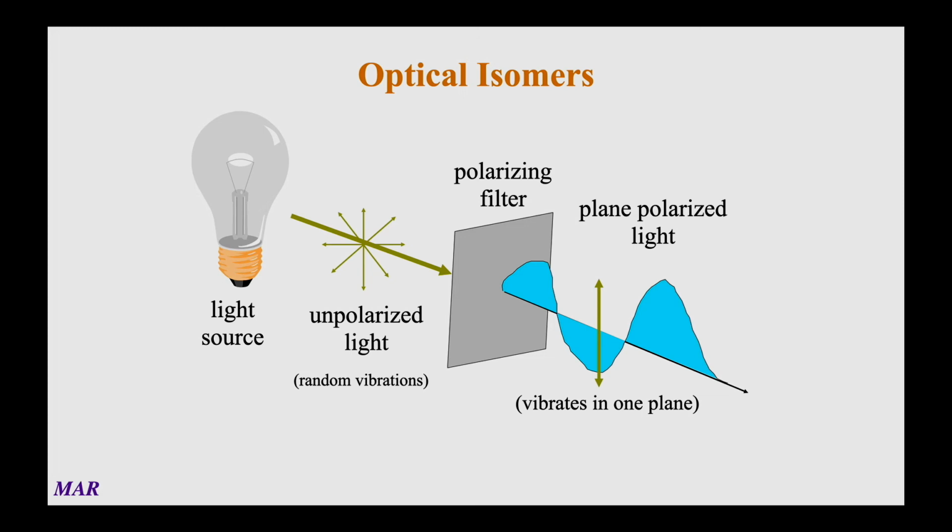It's not too hard, apparently, to make plane polarized light, and plane polarized light will sometimes be able to separate or figure out that you have enantiomers, and sometimes you can use that to figure out how to separate them.